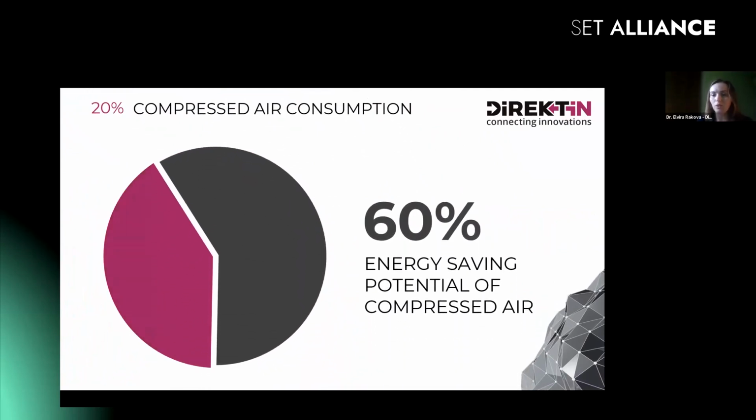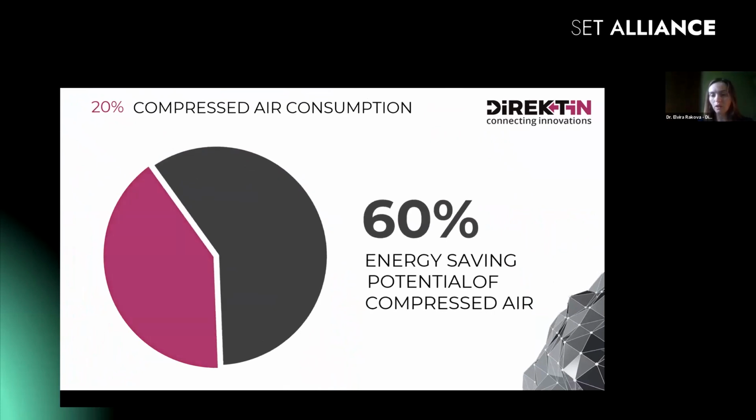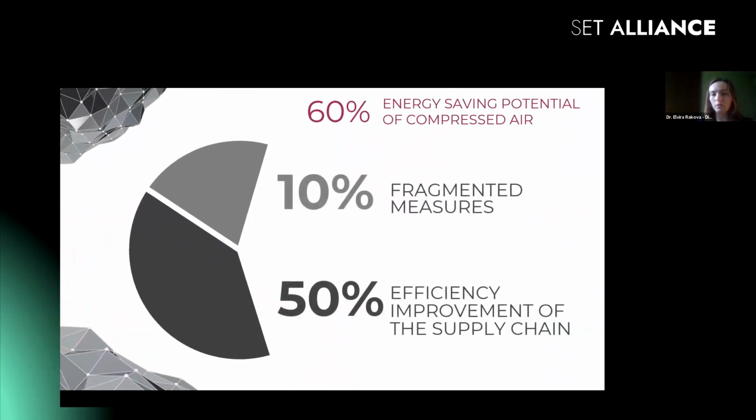Good news, and surprisingly, almost 60% of this can be reduced thanks to some measures. So 10% that we usually look at now, we call fragmented measures. We either do something with the compressor room, a little bit with leaks, maybe we repair tubing, but the other 50% can really be decreased by using efficiency improvement at each single place.